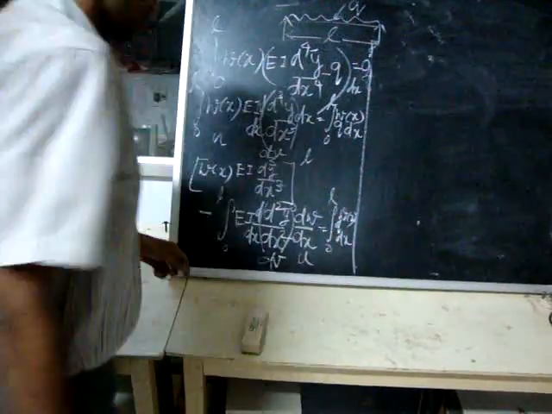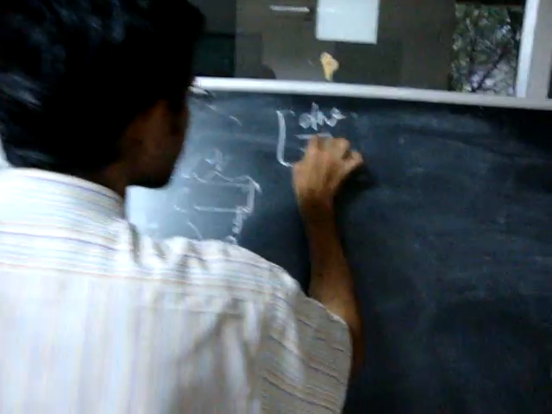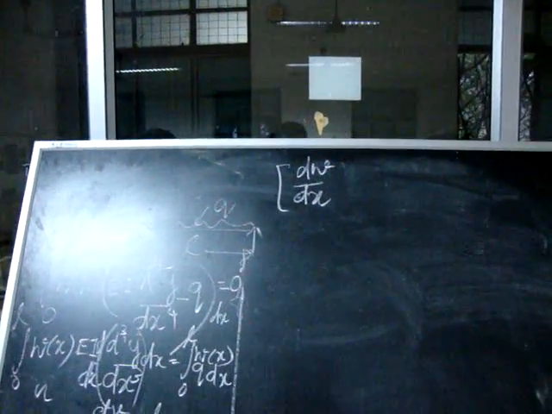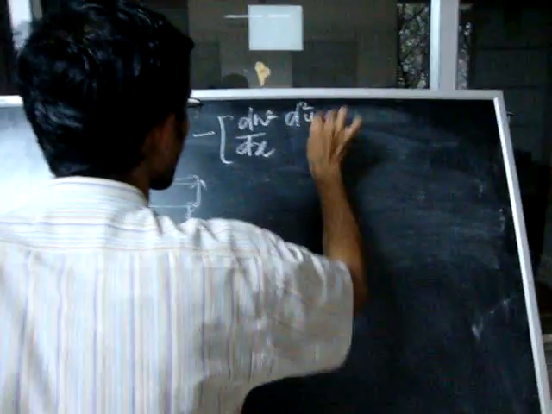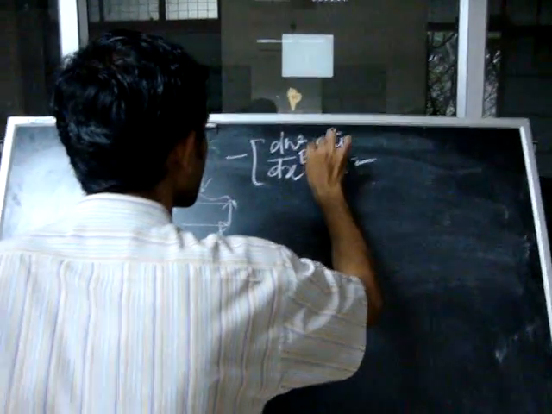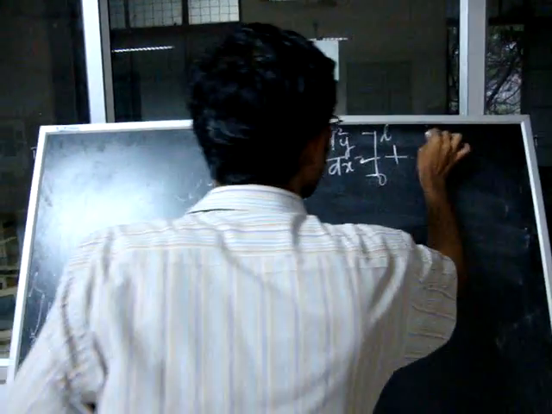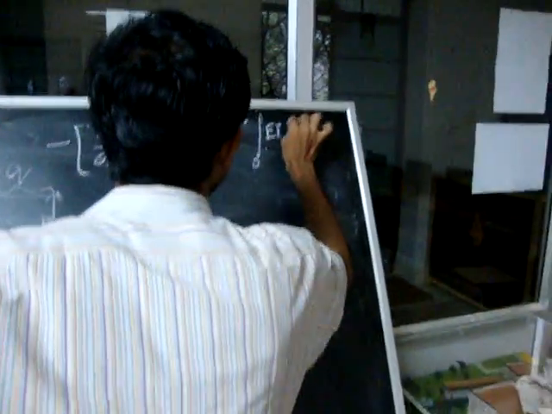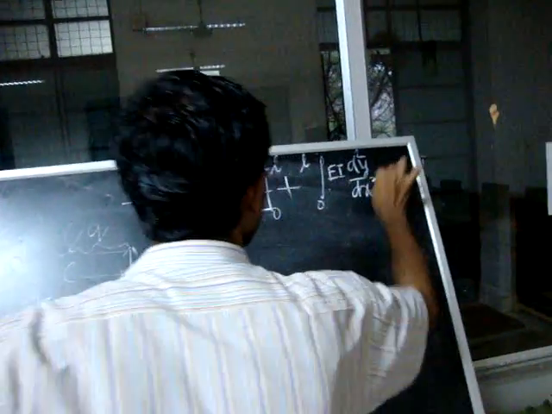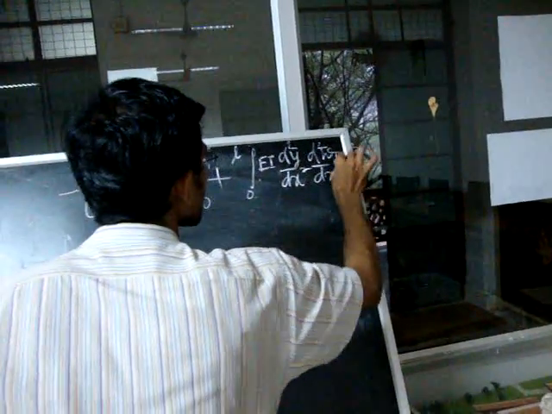Again I have minus uv over the limit 0 to L, and minus integral v du; minus of minus is plus, so integral 0 to L of EI d2y/dx2 times d2W/dx2 dx.